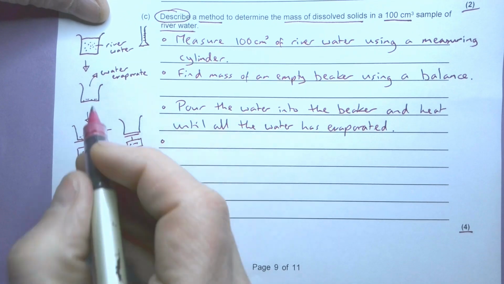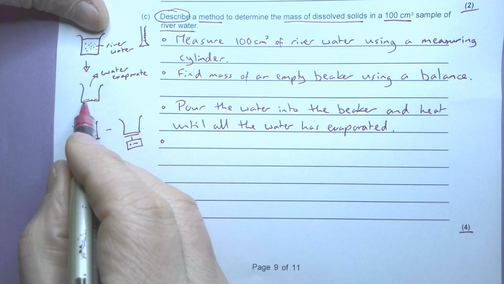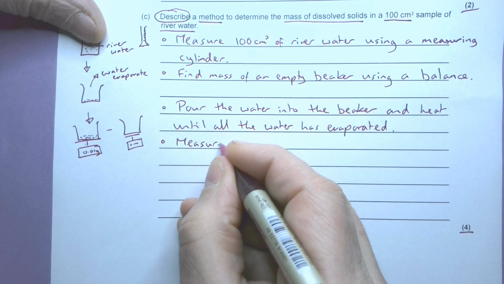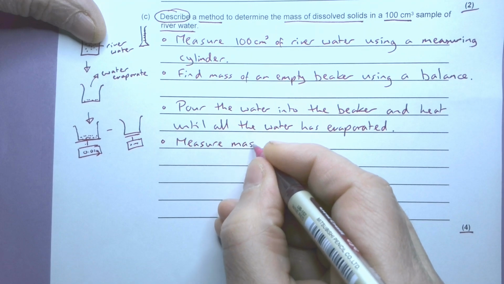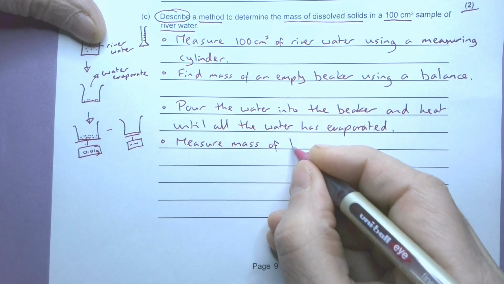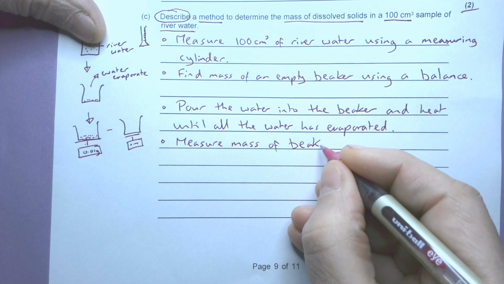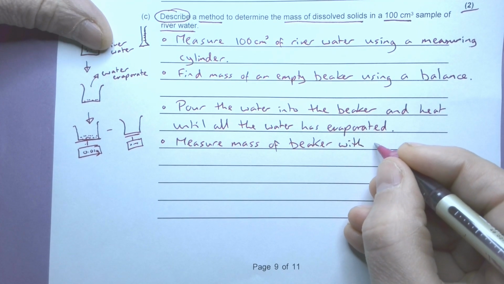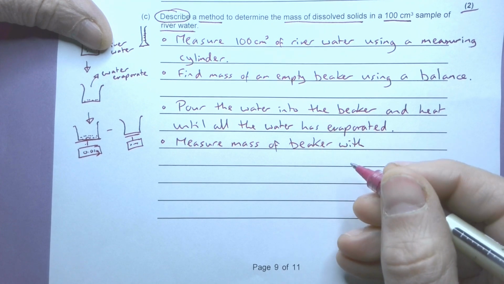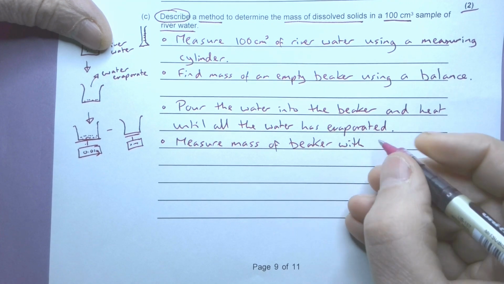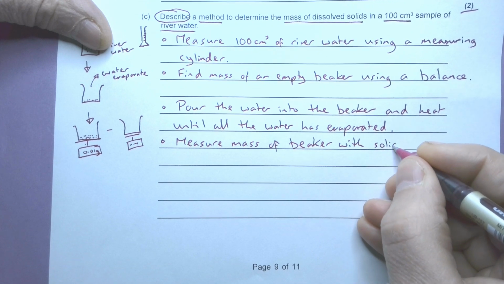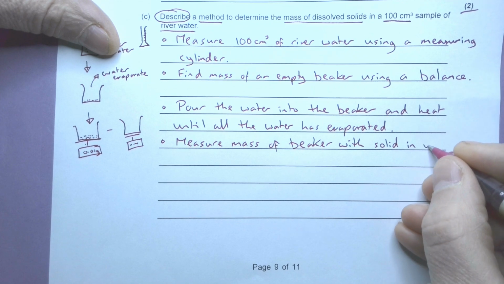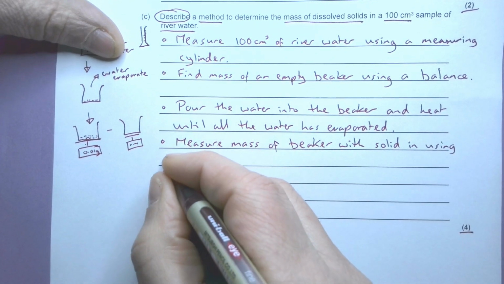So now I've got this, and I need to find the mass. Measure mass of beaker with the solutes, as we call them, the solid in, using a balance.